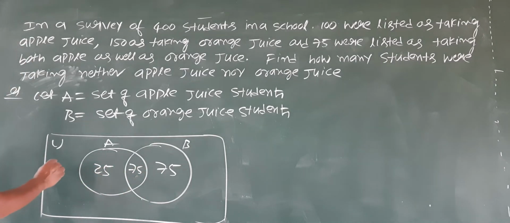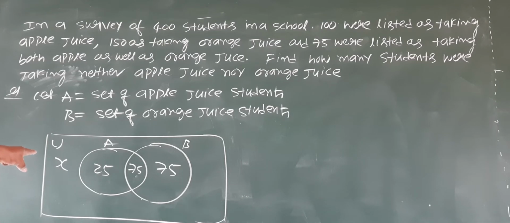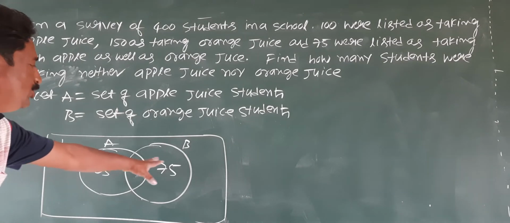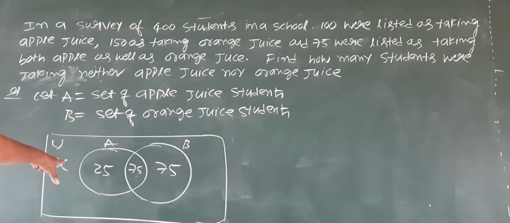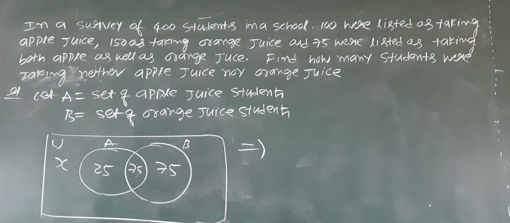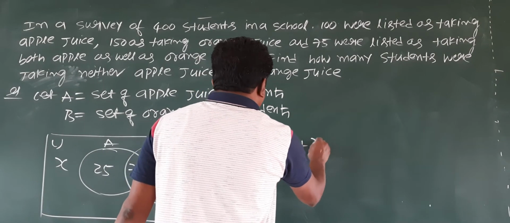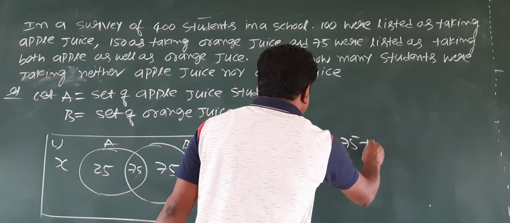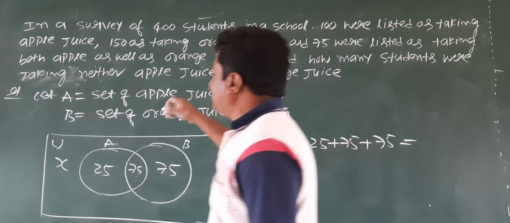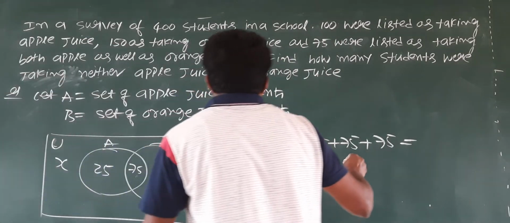Let X be the people who won't like either apple juice or orange juice. These X people belong to the universal set. So total X plus 25 plus 75 plus 75 should be equal to the total number of elements in the universal set, which is 400.